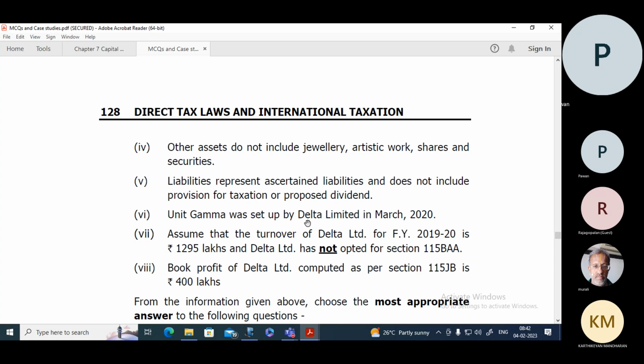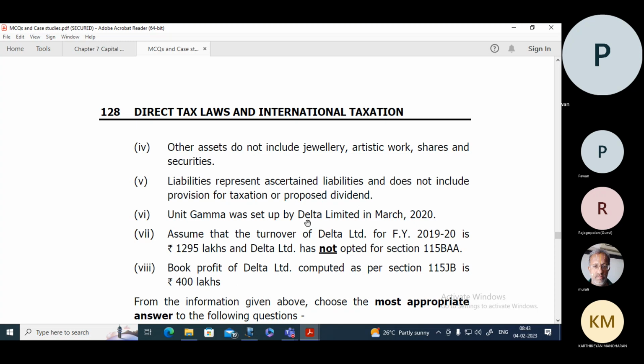B, jewelry and artistic registered value or value. C, shares and securities as per UA. D, stamp duty value. ABCD minus liability. They have not given all this.